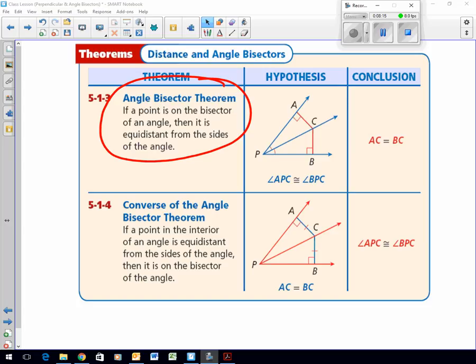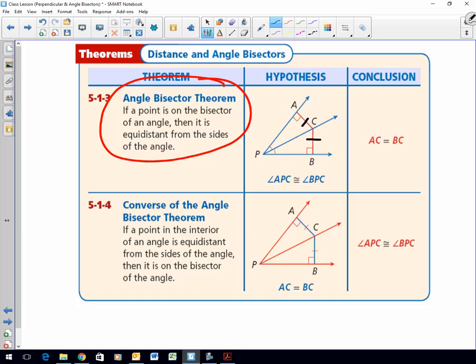But here's what else this angle bisector can do. Any point on that angle bisector is equidistant from each side of the angle.